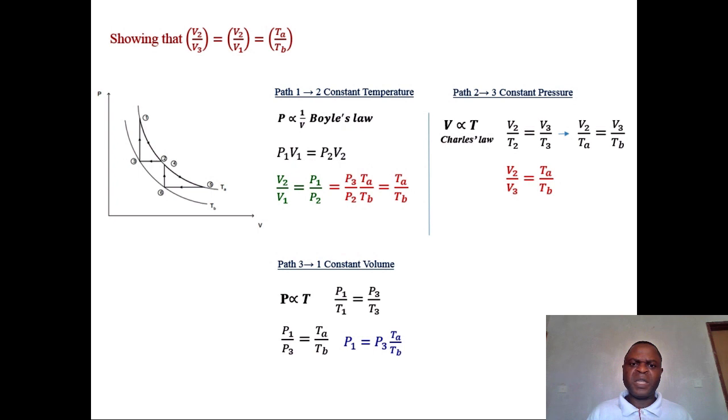So P3 and P2 are the same. It's an isobaric process, so we get TA over TB.